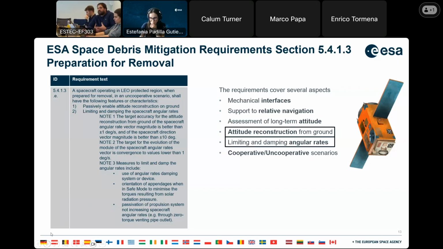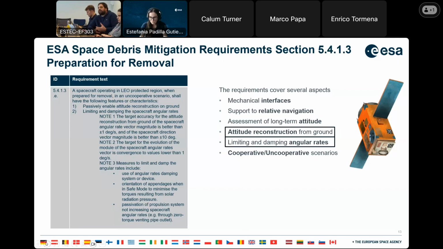This is quite important because starting from this requirement, we start to have constraints to the removal that need to be taken into account, as they are very general and applicable to this operation.